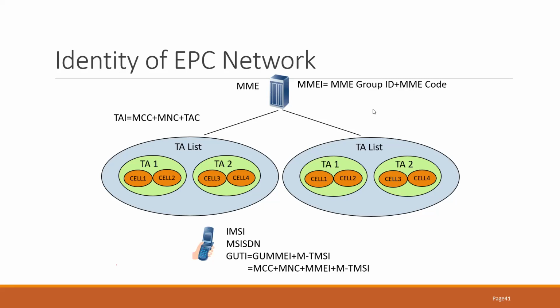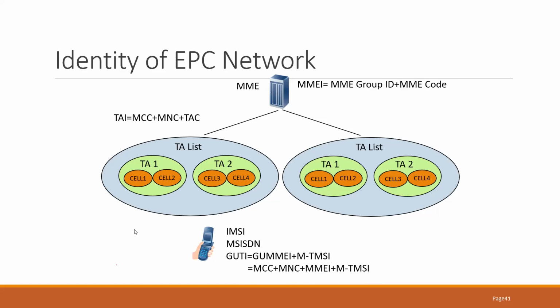Okay, so that is used, and the MME code is basically identifying the specific MME inside an MME pool. So if you don't have that available, you have to configure everything to be unique. So MNC, MME group ID, MME code plus M-TMSI. So this is the component of your GUTI.